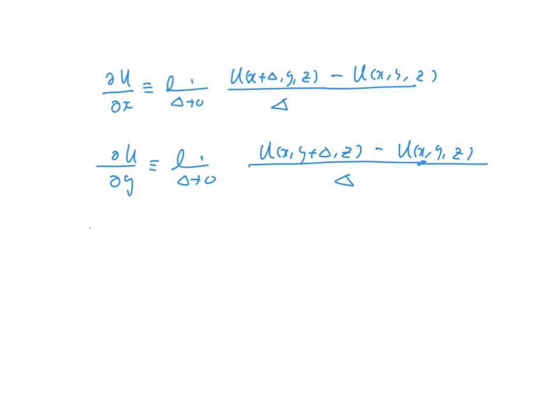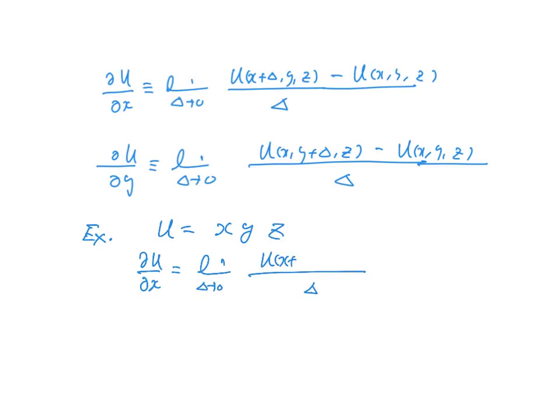So take an example. When u is given by xyz, then partial u over partial x is by definition the limit as delta goes to 0 of u(x plus delta, y, z) minus u(x, y, z), over delta, right?